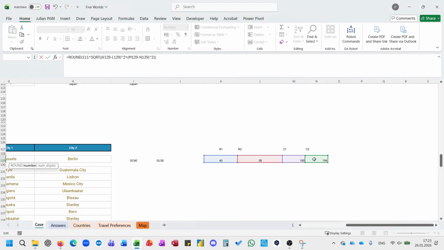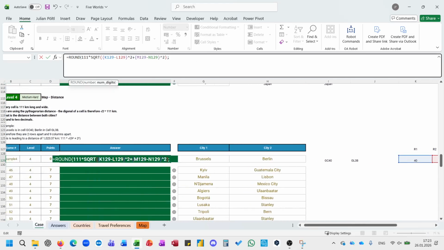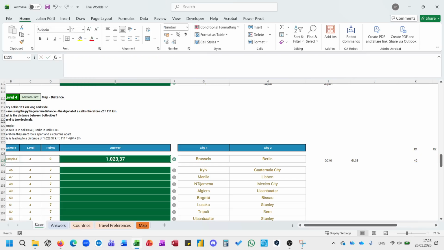So if you use something missing, yes, 2 decimals. If you actually know a squared equals b squared plus c squared, this is the formula to calculate the diagonal length of a triangle with a 90-degree angle.